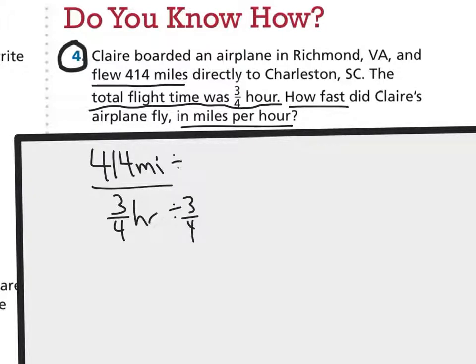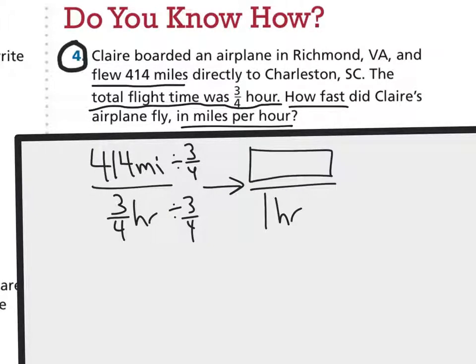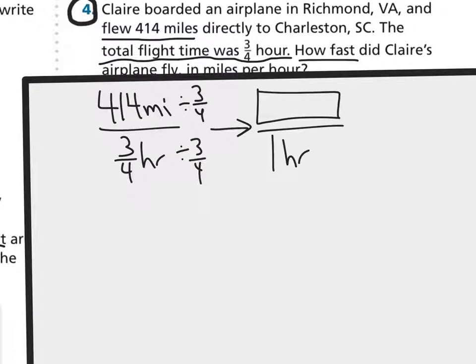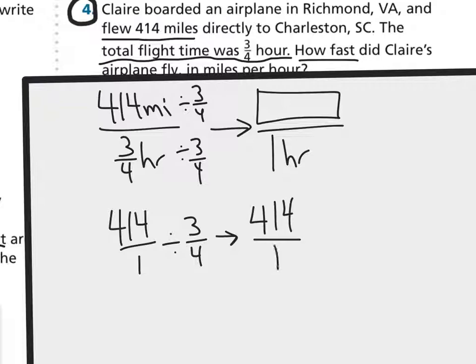If we divide 3/4 by 3/4, we'll get 1, which will tell us how many miles per 1 hour. So 414 divided by 3/4, keep change reciprocal.